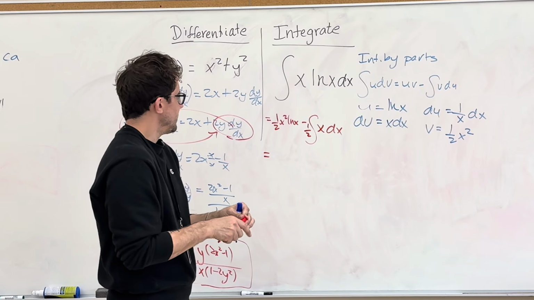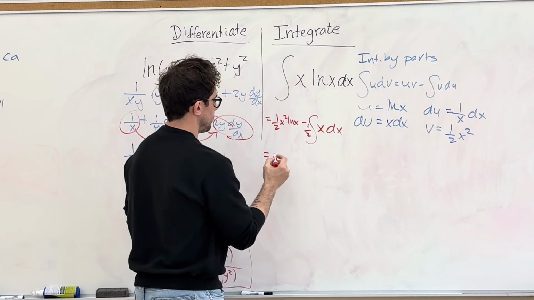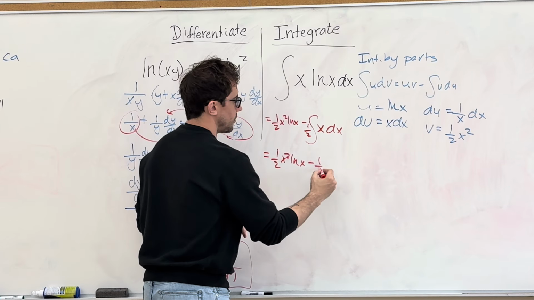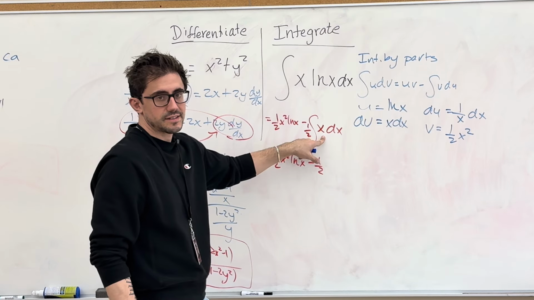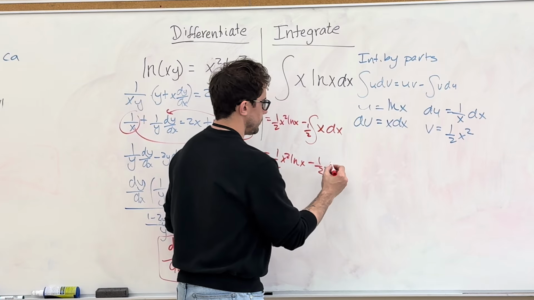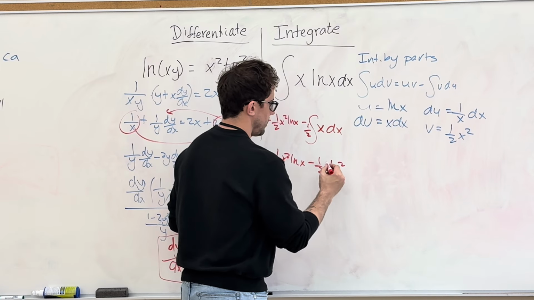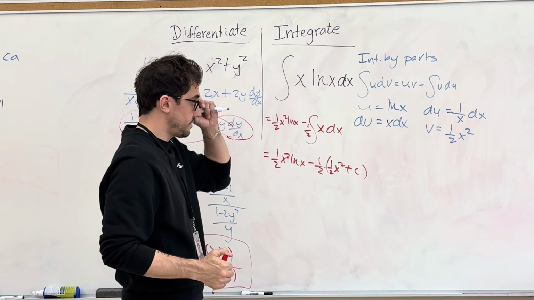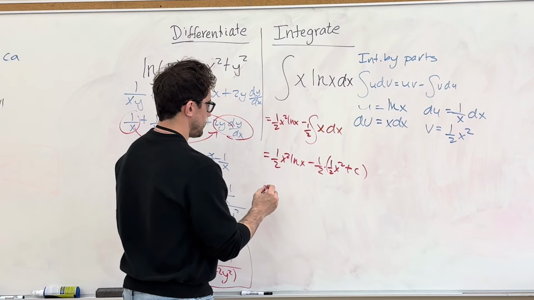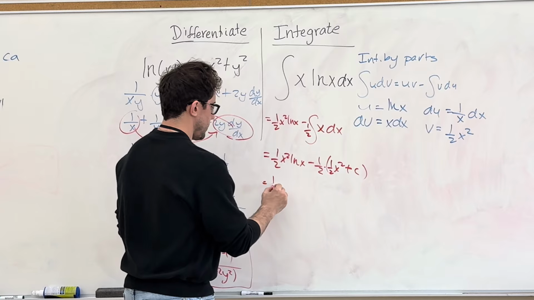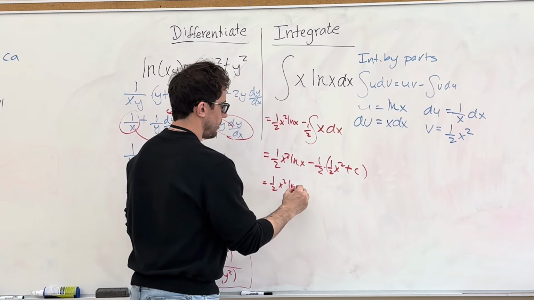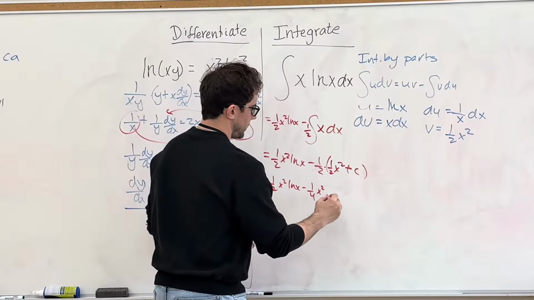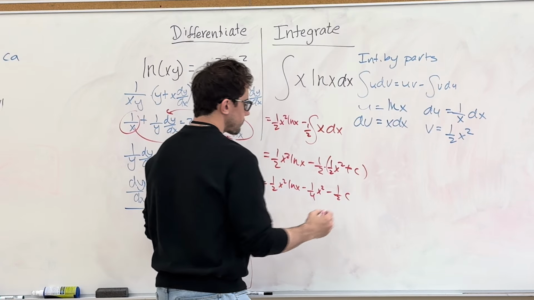So our entire integral drops down to 1/2 x squared ln x minus 1/2 times the integral of x dx, which is simply 1/2 x squared plus c, right? Integrating constants, let's not forget about that one. And so we can clean this up. We have 1/2 x squared ln x minus 1/4 x squared, minus 1/2 c, right?